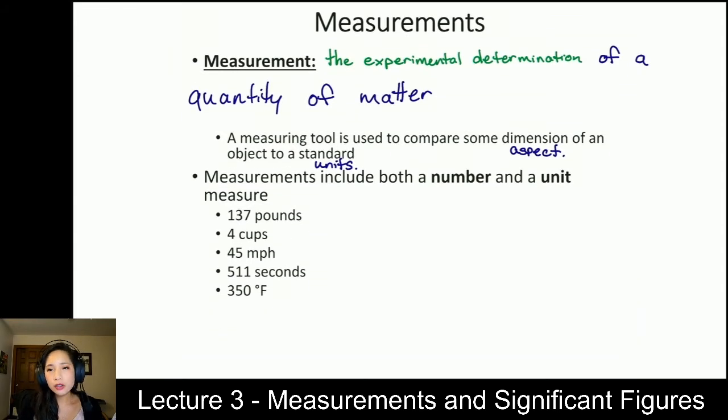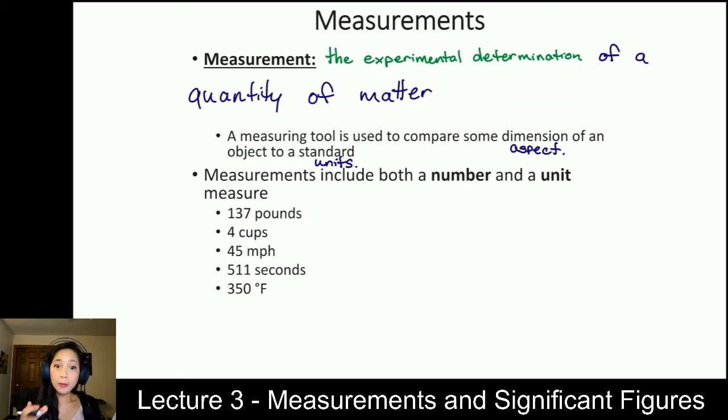So all measurements always come with a number and a unit, a value and a unit. The unit is the most important thing. It's what standardizes the number. So my mom could ask me to go to the grocery store and buy some tomatoes. Well, I could ask her, how many tomatoes do you want? And she says five.